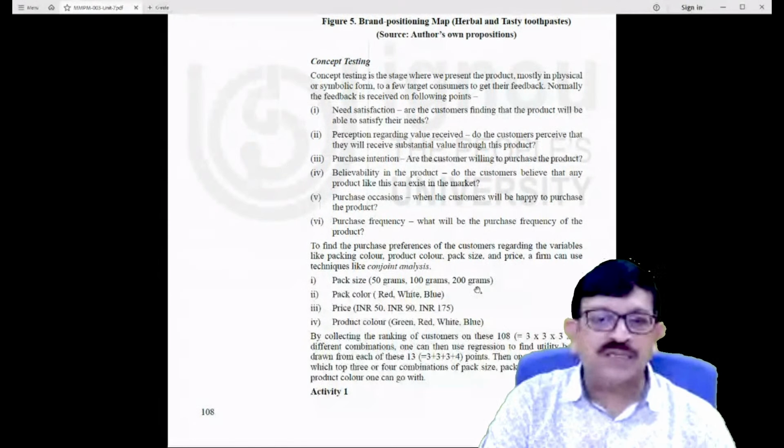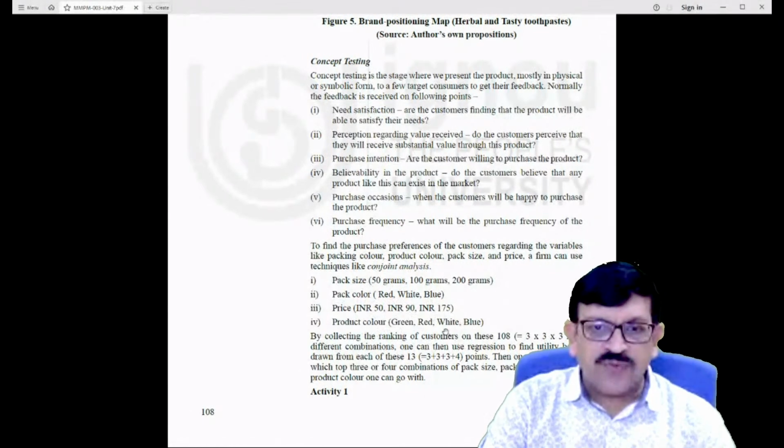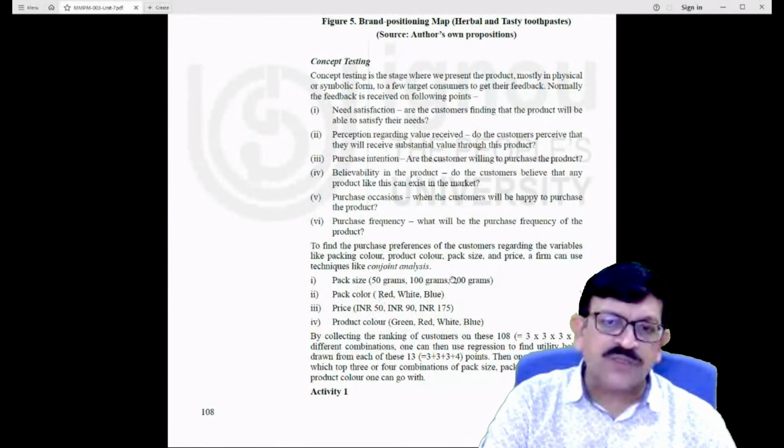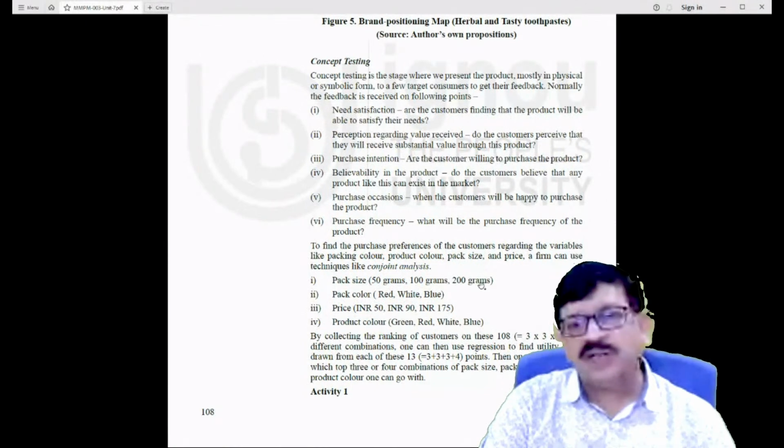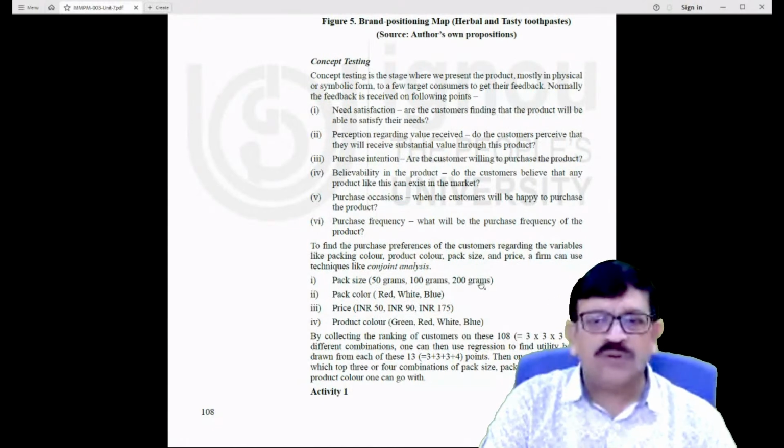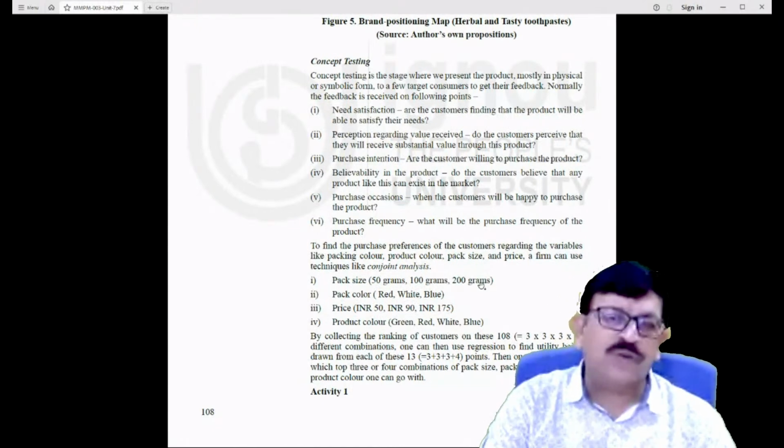As you can see, there are pack sizes with respect to a product, and also pack colors, price points, and product color. You can put the customers' ranking into a ranking format. What is the possibility? 3 into 3 into 3 into 4, so there can be 108 different combinations that they can get.